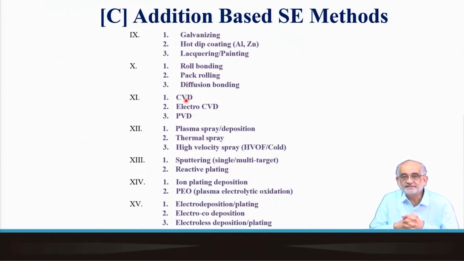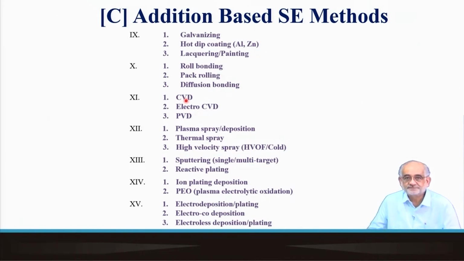So that CVD, you can do an electro CVD, you can do a physical vapor deposition or PVD, so these are all essentially thermally activated processes. Similarly, one can also use combination of thermal activation with velocity.